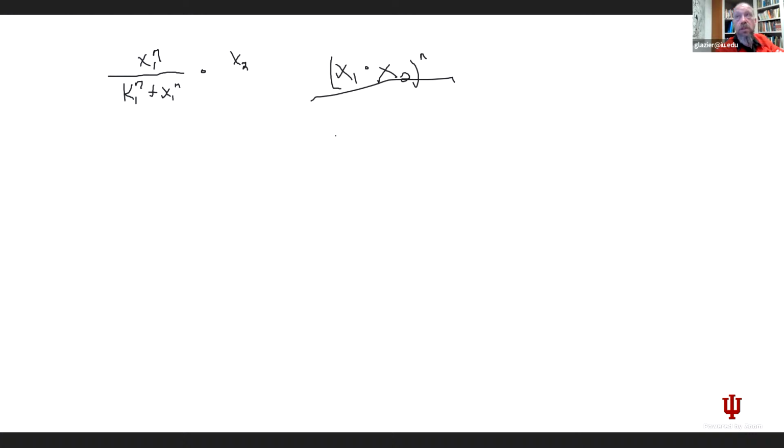For the OR, usually the form that you have on the right, which would be x1 plus x2 to the n over k to the n plus x1 plus x2 to the n, keeps you within the range, whereas adding the two separately doesn't. For the AND, both of them work, and they do have slightly different structure. If you plot the results, you get slightly different structure.